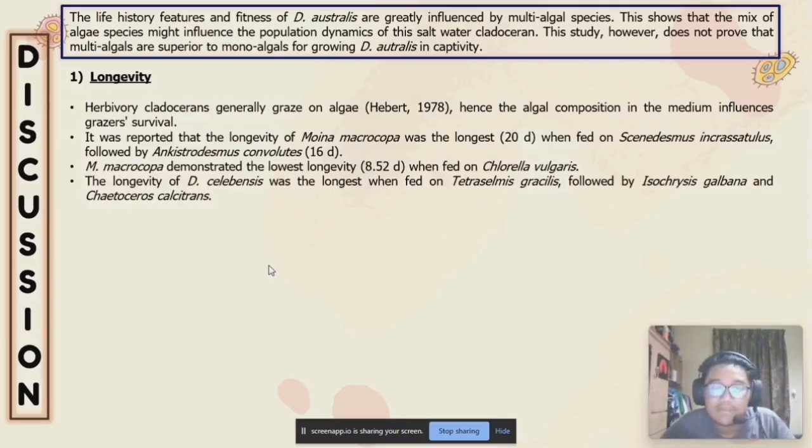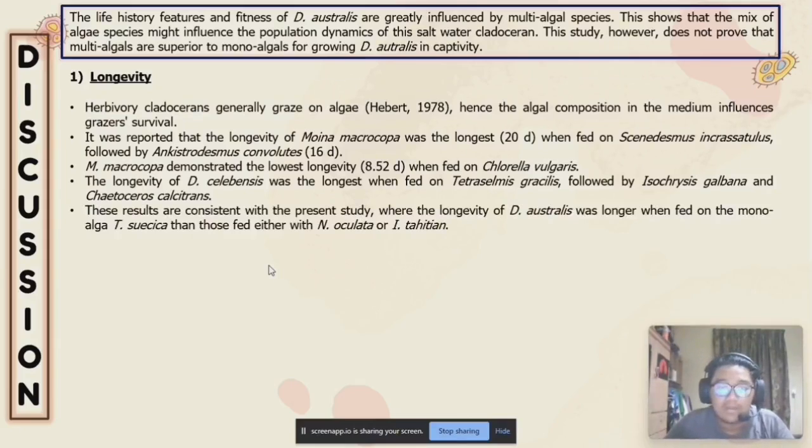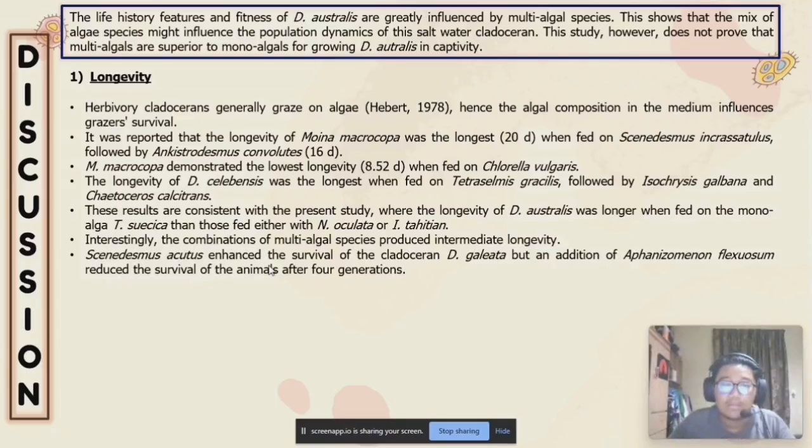The longevity of D. celebensis was the longest when fed on Tetraselmis gracilis, followed by Isochrysis galbana and Chaetoceros calcitrans. These results are consistent with the present study, where the longevity of D. australis was longer when fed on monoalgae T. suecica than those fed either N. oculata or I. tahitian. Interestingly, the combination of multi-algae species produced intermediate longevity.